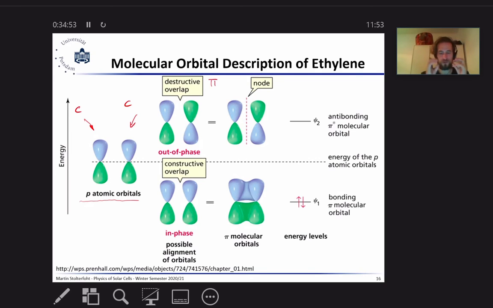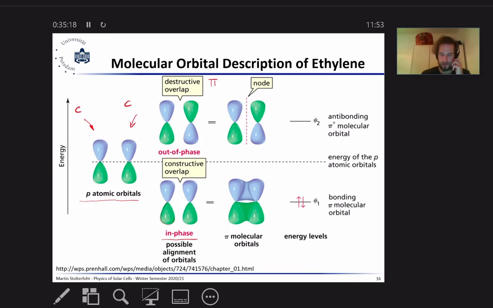And how do the individual atomic orbitals form? Well, there is a sort of pi that aligns like this. So the pi is kind of in phase, as shown here.